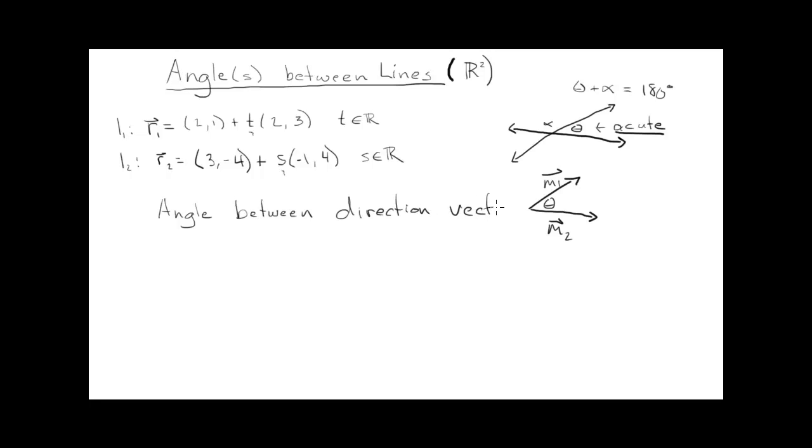We know that formula. Theta is equal to cos inverse of M1 dot M2 over their magnitudes.